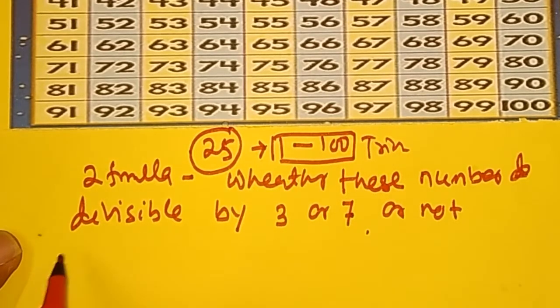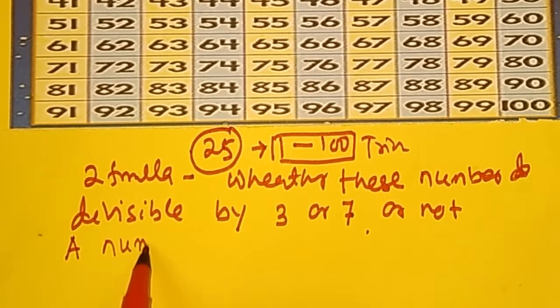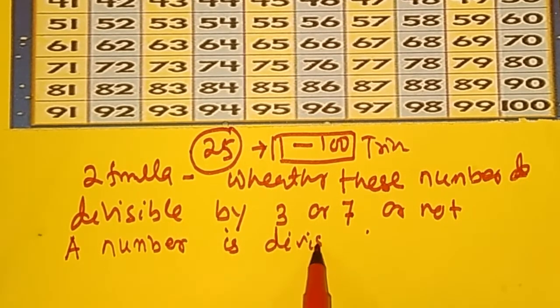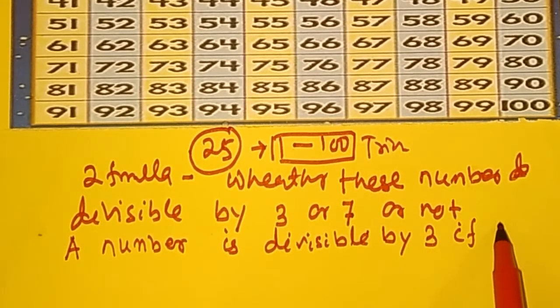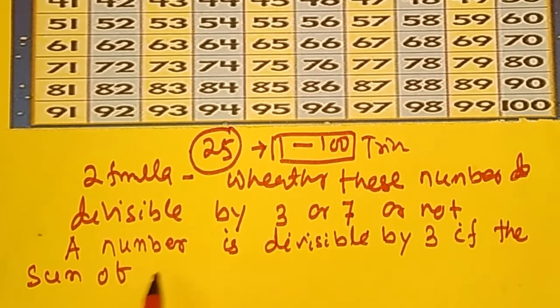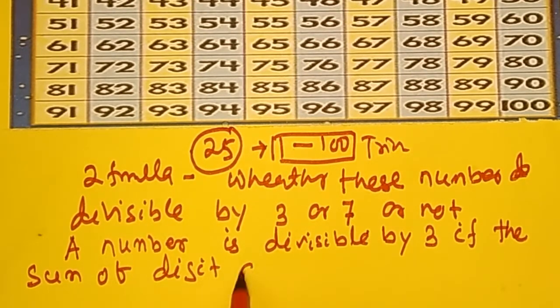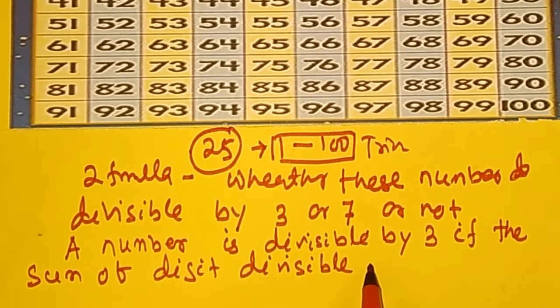First thing is the rules. A number is divisible by 3 if the sum of its digits is divisible by 3.